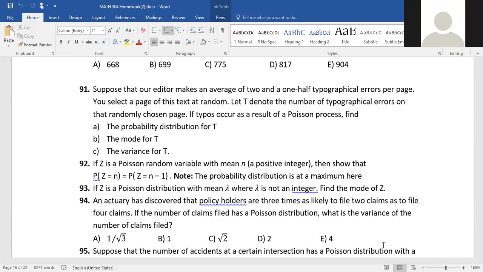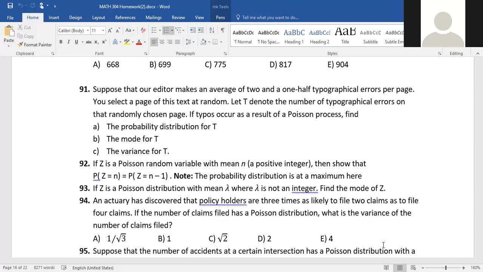Somebody want to do it on the board? So what do we have here? Probability that X equals 3 equals probability that X equals 4. Is that right? Okay, what is 3 about? So this should be 3 there.